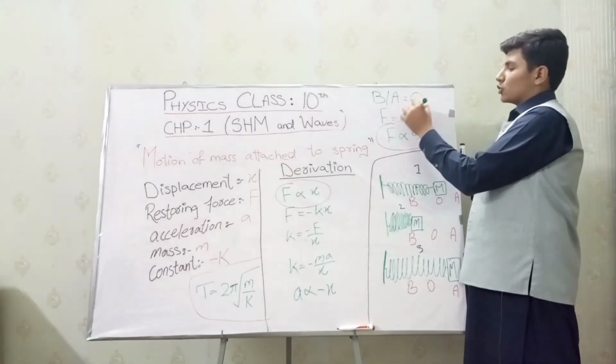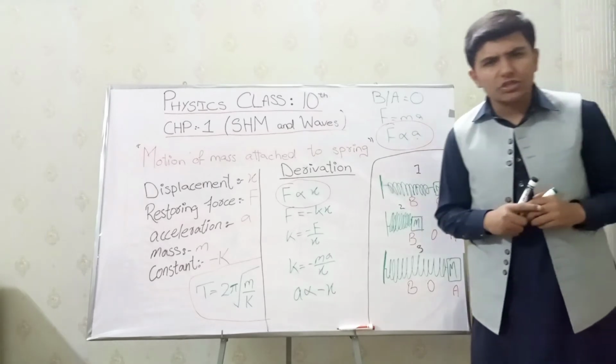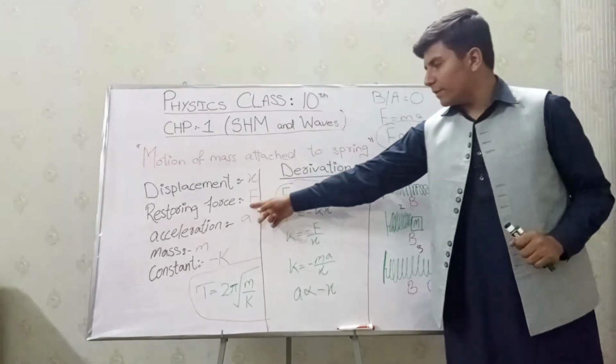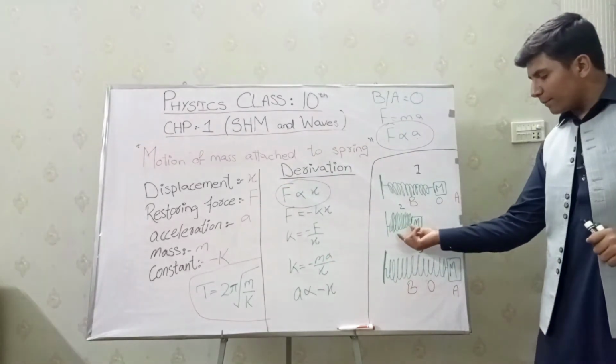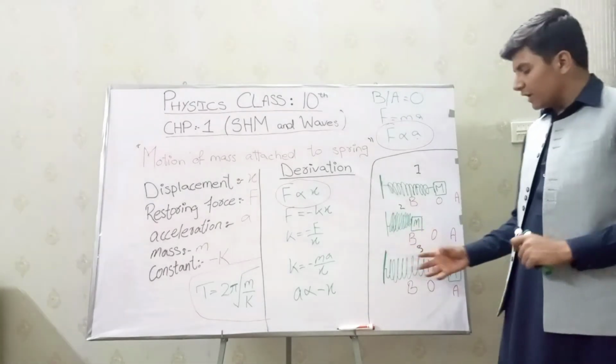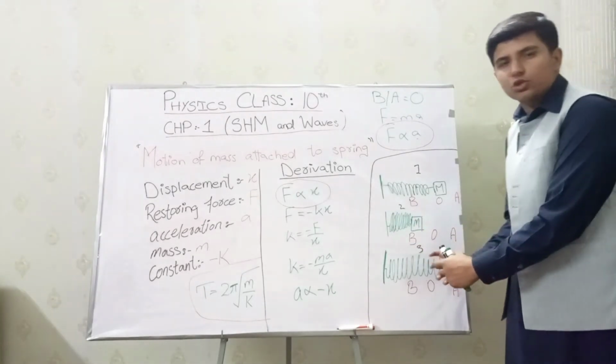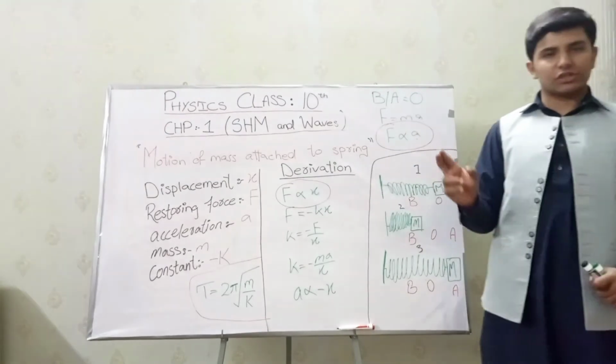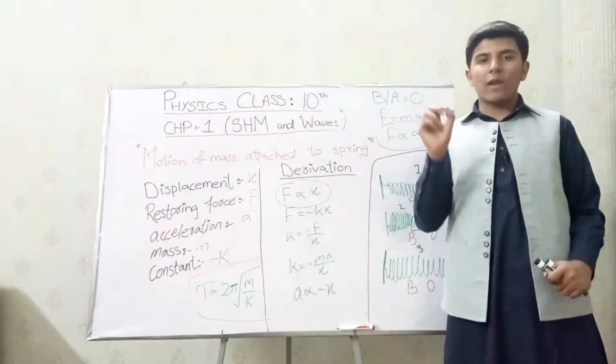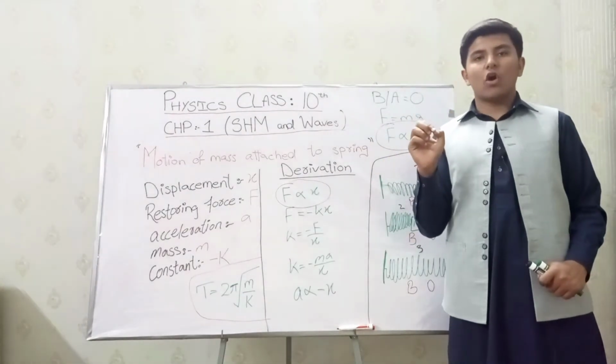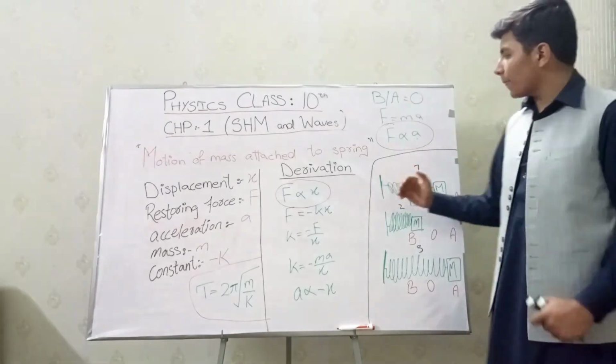The restoring force. Restoring force, as I told you, we represent by F, and the compression of the spring and the stretch of the spring produce the restoring force. The restoring force at the extreme positions will be at its maximum, at the highest peak.